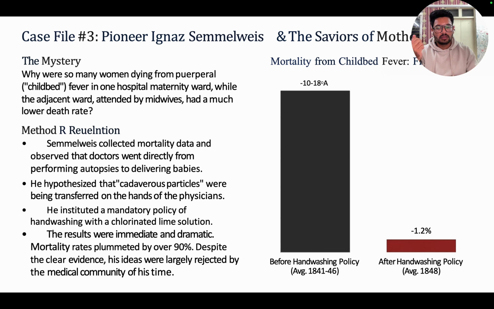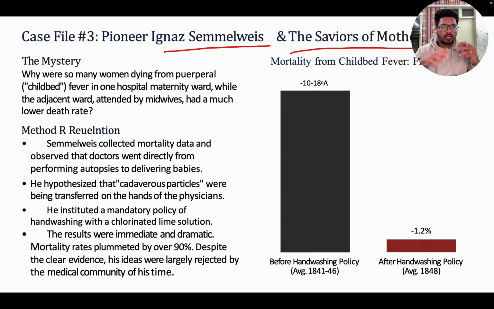Third one is Ignaz Semmelweis. He was also known as the saviour of mothers in 1847. Why? What he observed was that various doctors were taking care of the postnatal care of pregnant females, and there were two groups.